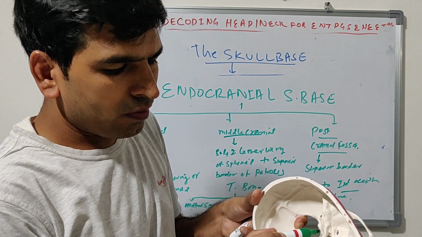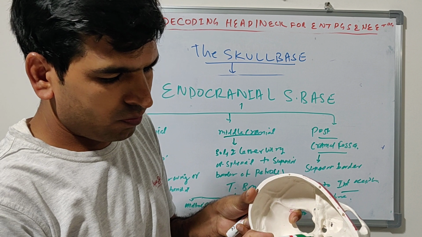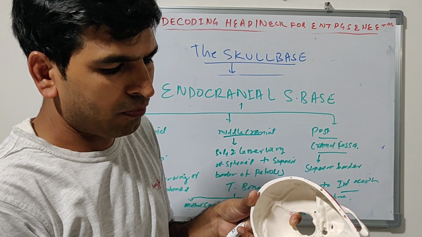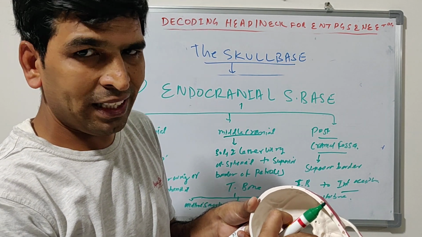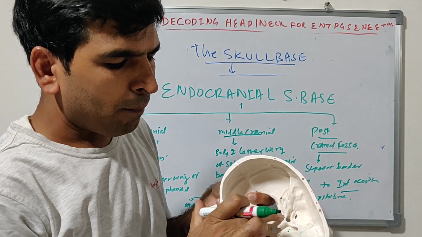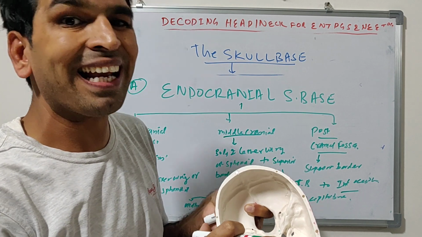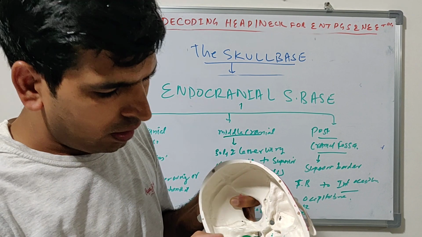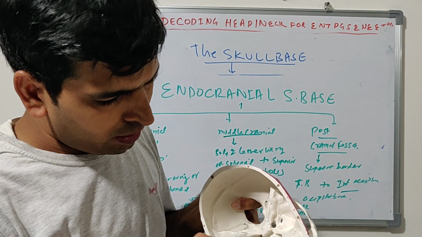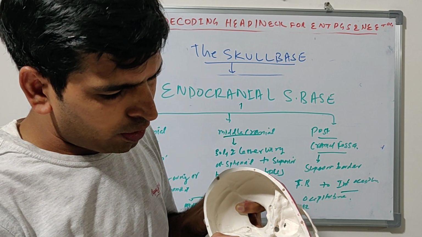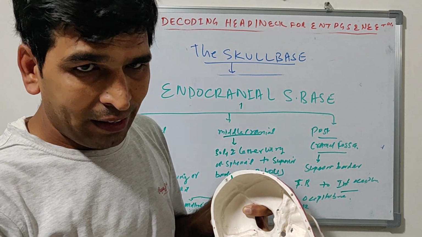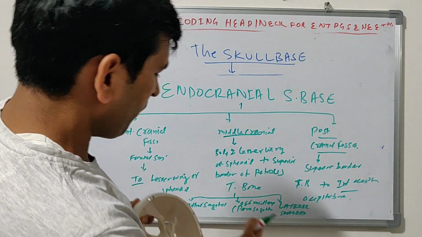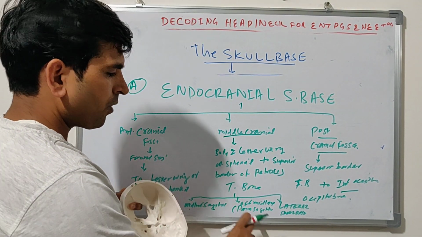If you draw the line, this is the petroclival fissure. In between the two vertical lines going through the petroclival fissure is the midline sagittal region. If we draw one line lateral to the foramen ovale, in between the petroclival vertical line and the lateral border of the foramen ovale is the off midline parasagittal region.